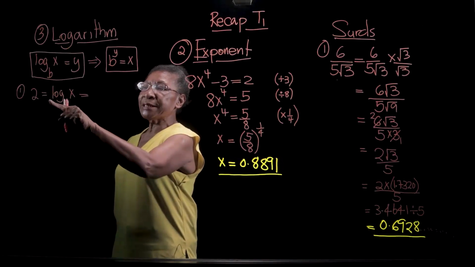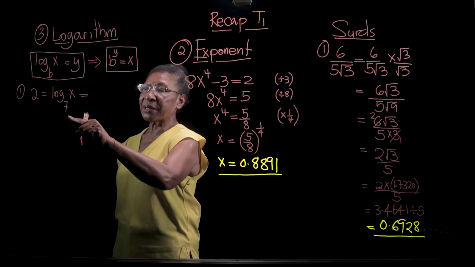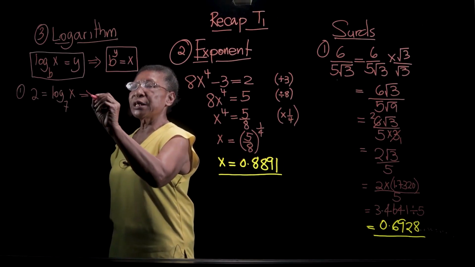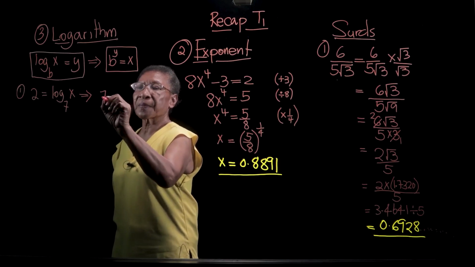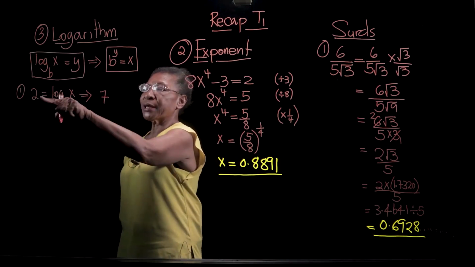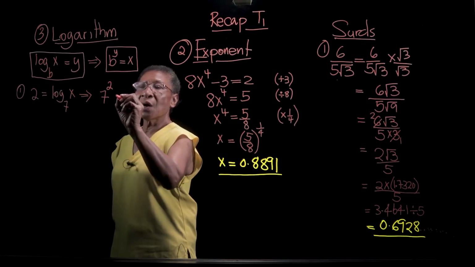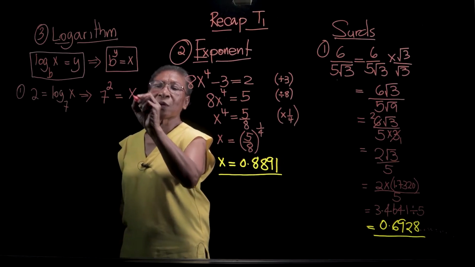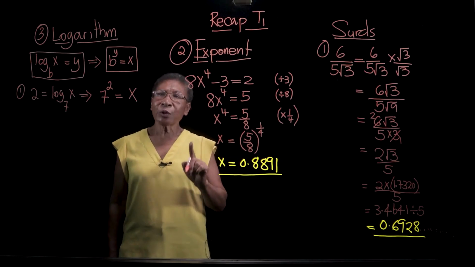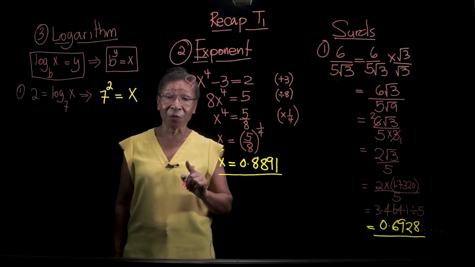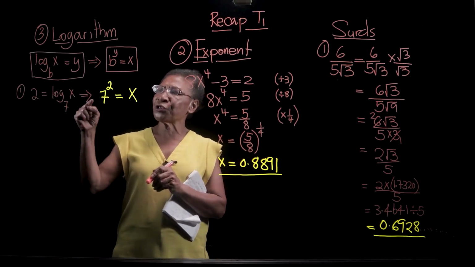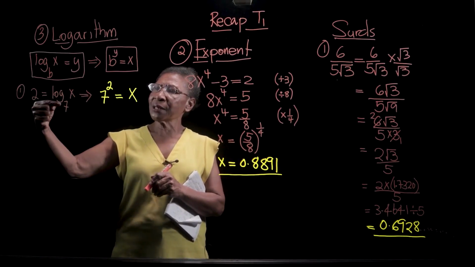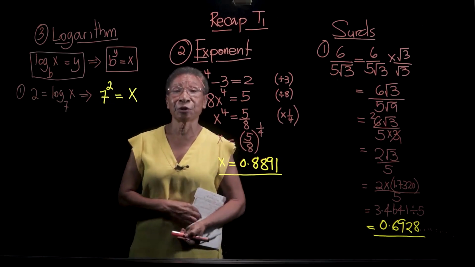If 2 is equal to log base 7 of x, then it would imply the base is 7, the power is 2, or the exponent is 2. All of that is equal to x. Note, we are not trying to calculate or find the value of x. All we're trying to do is to see the relationship between a log expression and an exponent expression.